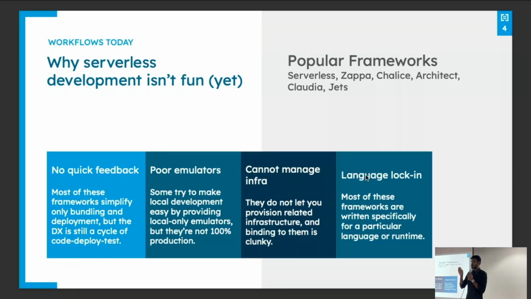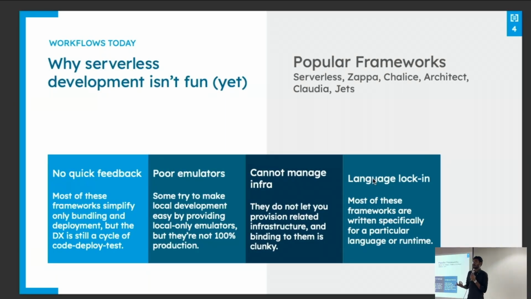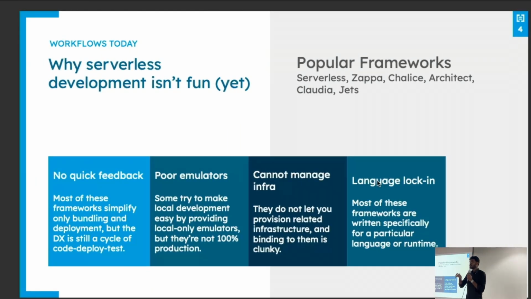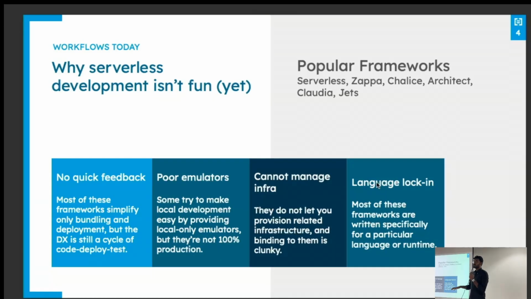For example, let's say you're on AWS and you're writing logic to write logs in a specific format to CloudWatch. You can't test that locally, right? So emulators are almost never a good solution here. They're a stopgap.